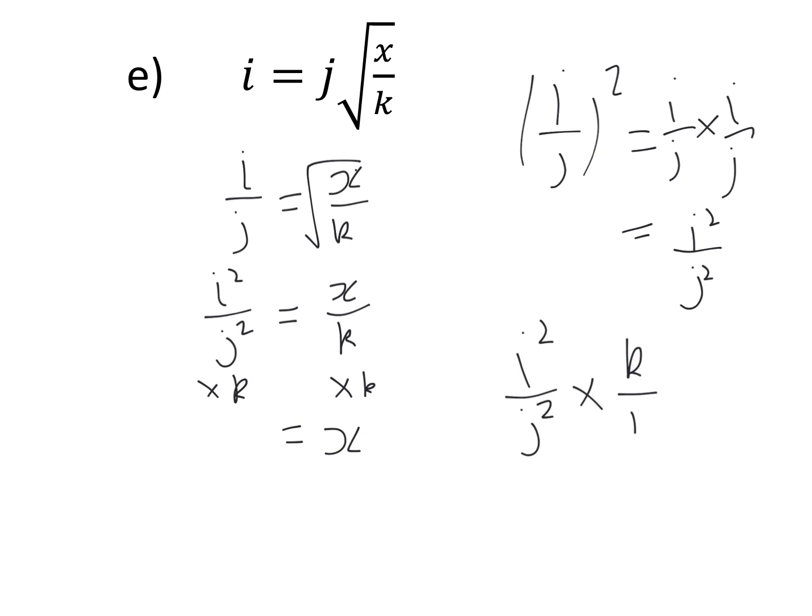So k as a fraction is k over 1, and then we're multiplying two fractions together. You would do I squared times k, which would be just I squared k, and then on the denominator we've got j squared times 1, which is just j squared. So we get x equals I squared k over j squared.